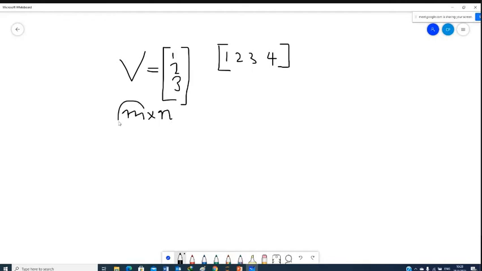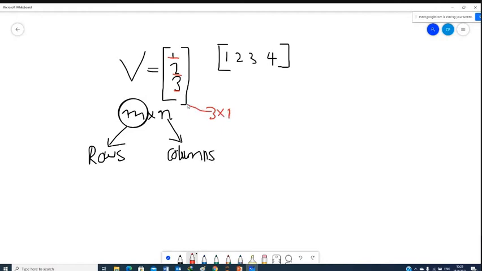And remember, we said we denote it by M by N, where M is the number of rows and N is the number of columns. In this instance, we've got 3 rows and 1 column, so this is a 3 by 1 vector.